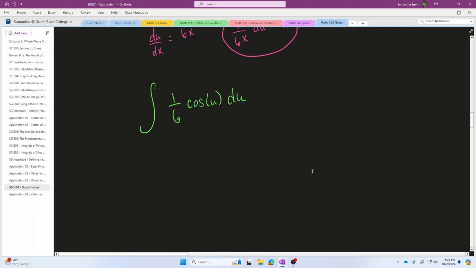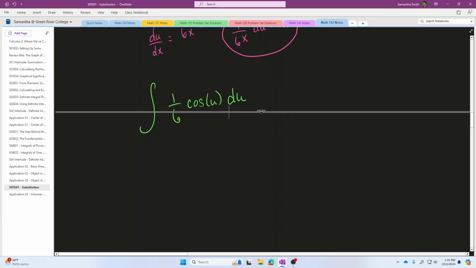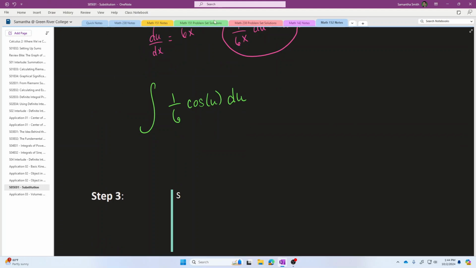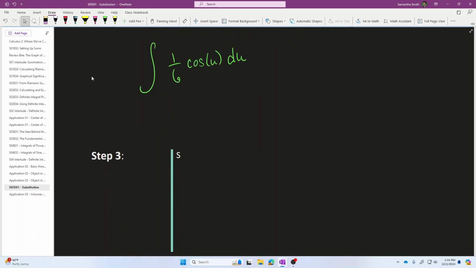Well, now this integral is entirely in terms of u. And this integral, rewritten in terms of u, is actually simple enough that we can calculate this antiderivative using just the standard antiderivative formulas that we learned earlier in the class. The antiderivative of cosine of u with respect to u is just equal to sine of u.